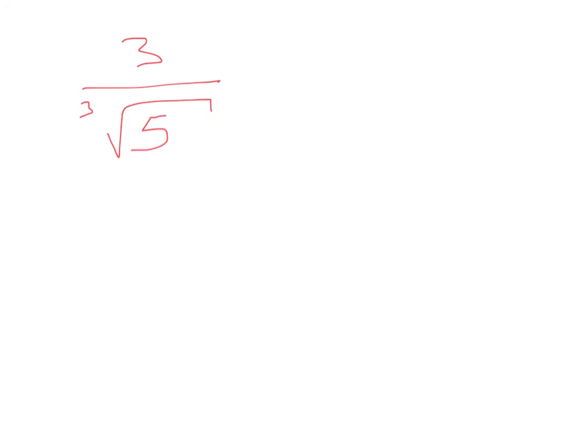We need to change the 5 as 5 power 1. How can we make it 5 cubed, so we can get rid of the radical? Now this is like power 1, so what I need is 5 power 3.